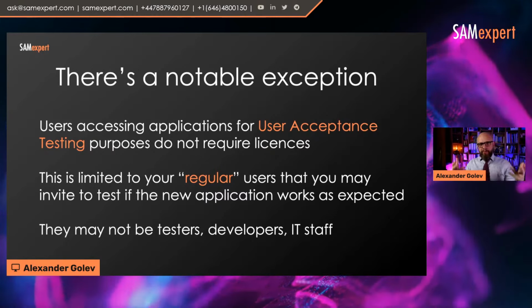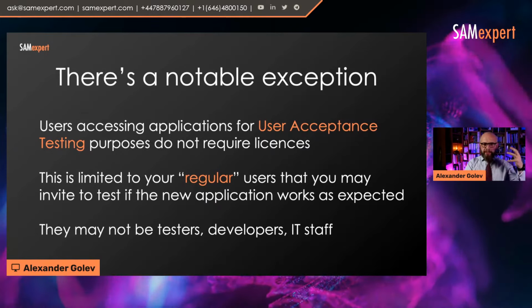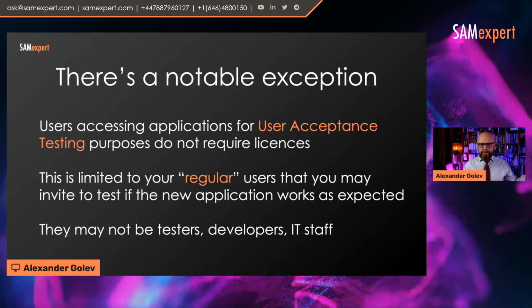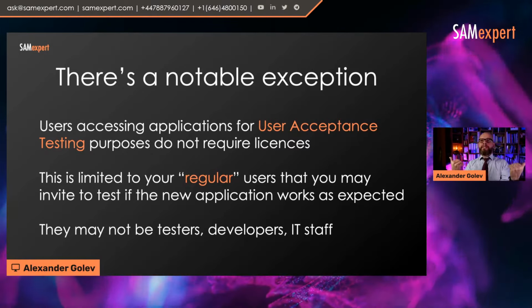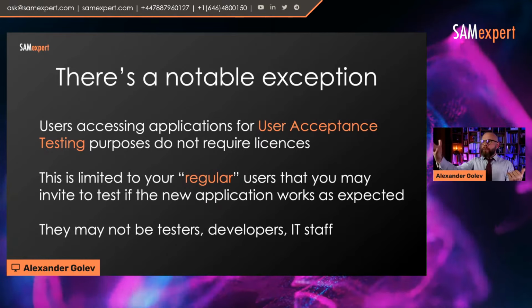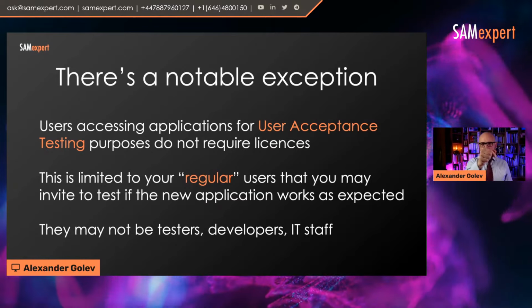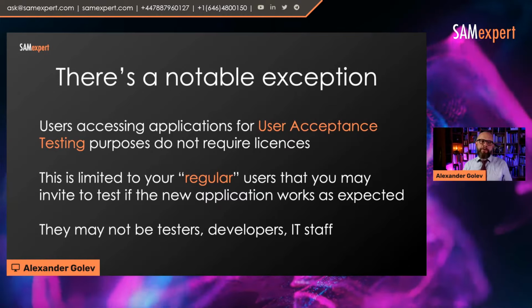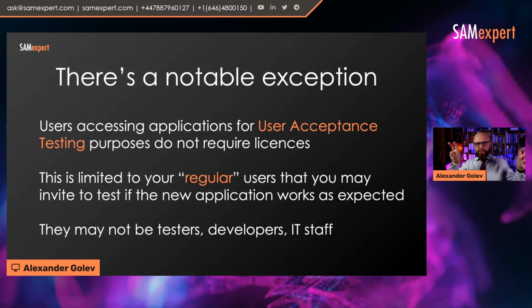But anyway, bear in mind, anybody who's working with the environment, really working, supporting, deploying, fixing, updating, requires licenses. Those whom you invite just to say, John, or Jitendra, Cheryl, could you please test that application if it works as it's expected by you to work? That is called user acceptance testing.